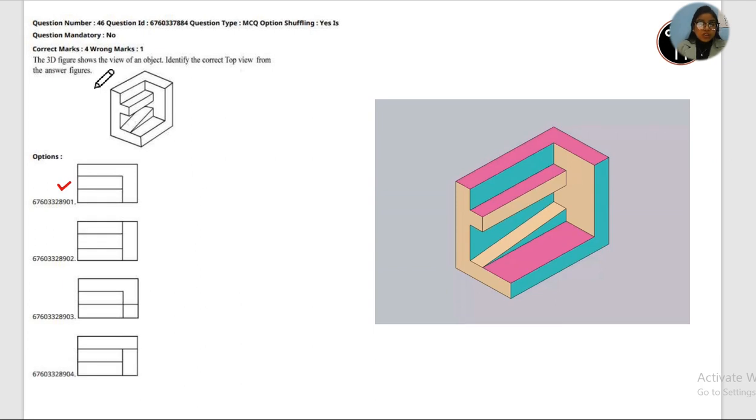In the next question, the 3D figure shows the view of an object. So this is the view of an object. Identify the correct top view from the answer figure. You have to identify the correct top view, like you have to look from the top. While looking from the top, it is very clear you will get to see this L shape.